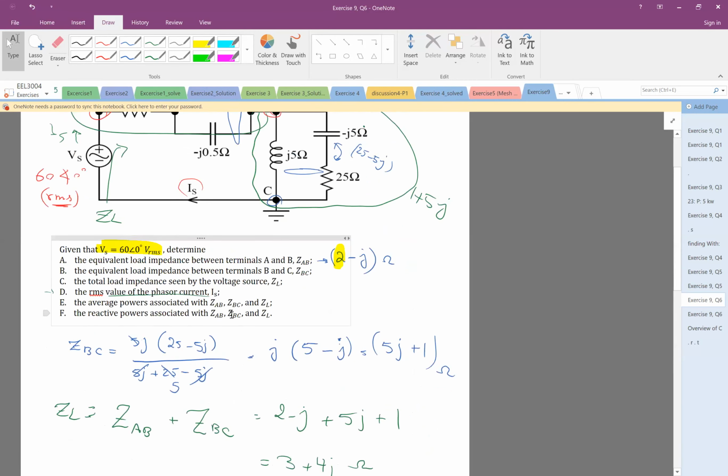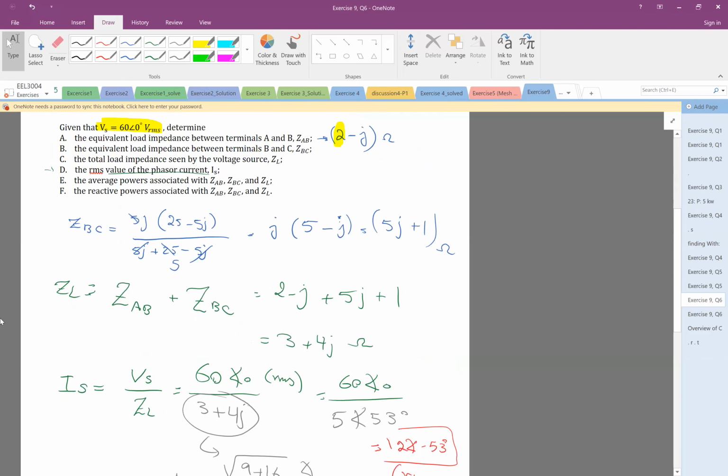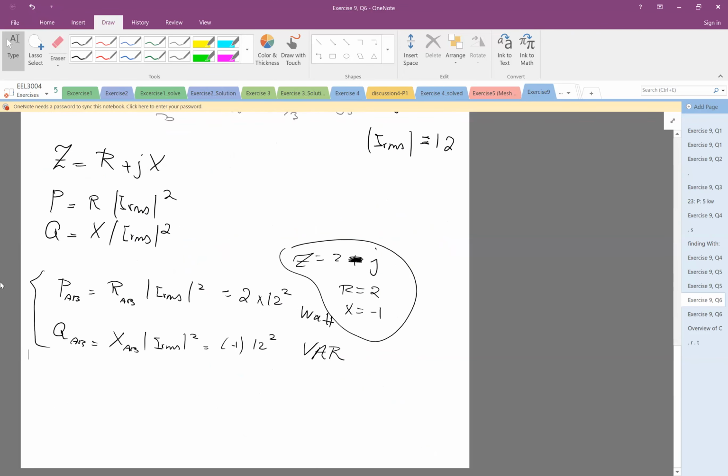And we can do the same for ZBC. Z of BC was 1 plus 5j. So the R is 1 and the X is 5.